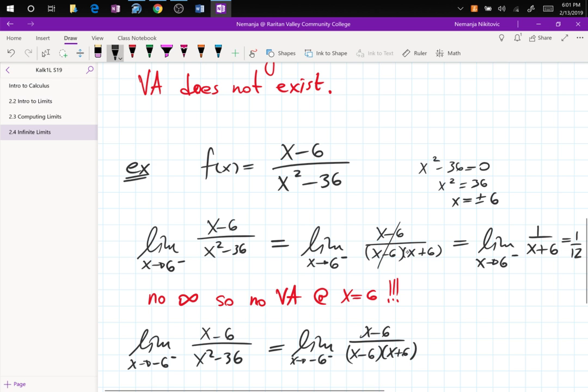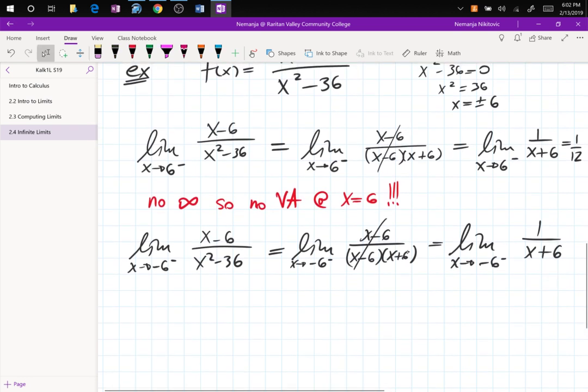So next time someone tells you divided by 0, what do you say? It's 1 over 12. These guys cancel. And now we have the limit as x approaches negative 6 of 1 over x plus 6.